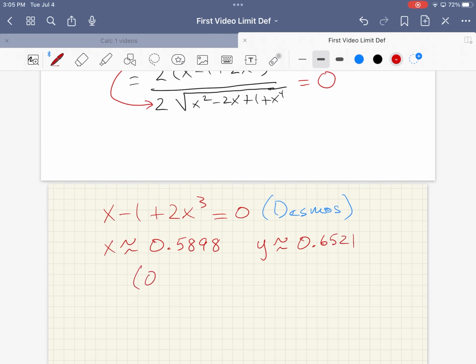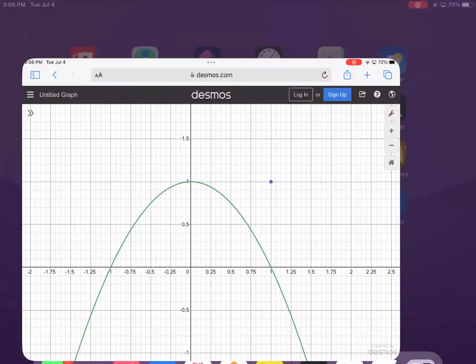So this is the point that, at least at the moment, we feel like is the point on the curve that is closest to the point (1, 1). Now, in order to verify that, let's go to Desmos and do some graphs.